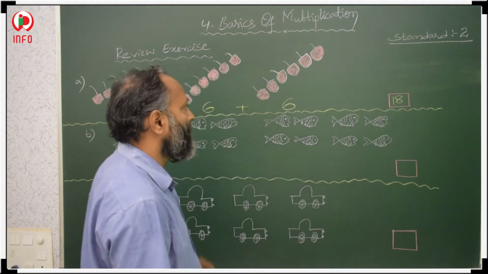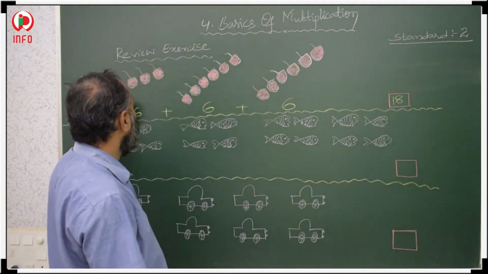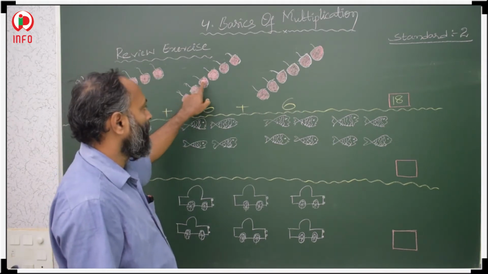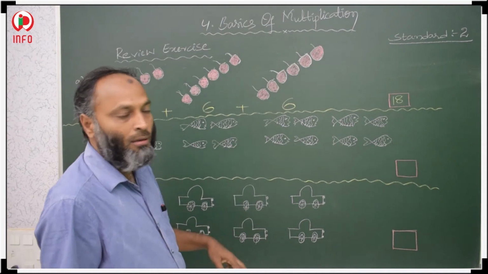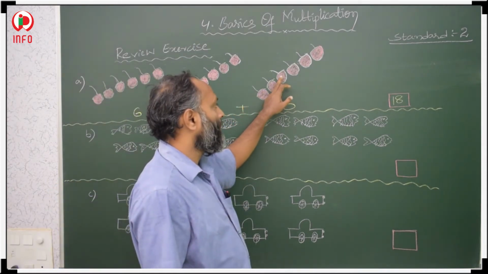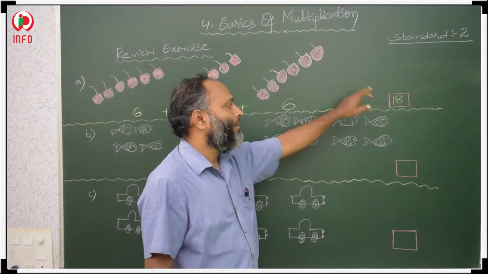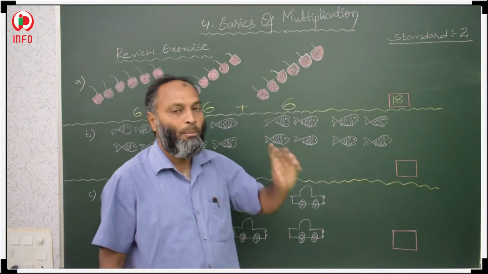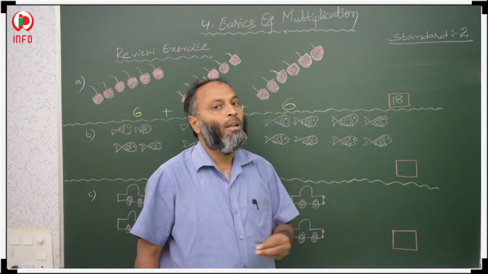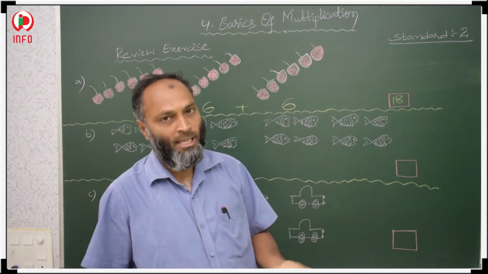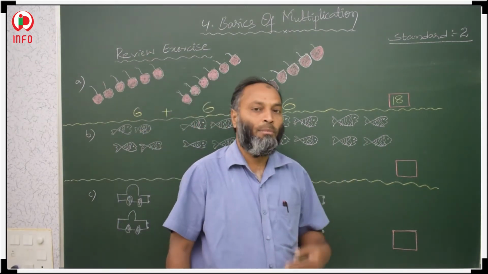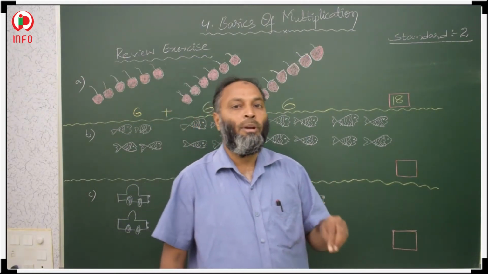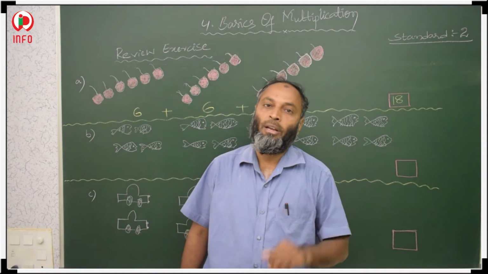Once you count all the cherries, 1, 2, 3, up to 18, there are 18 cherries. If we add the same number repeatedly, maybe 3 times, maybe 4 times, maybe 5 times, that is nothing but repeated addition.